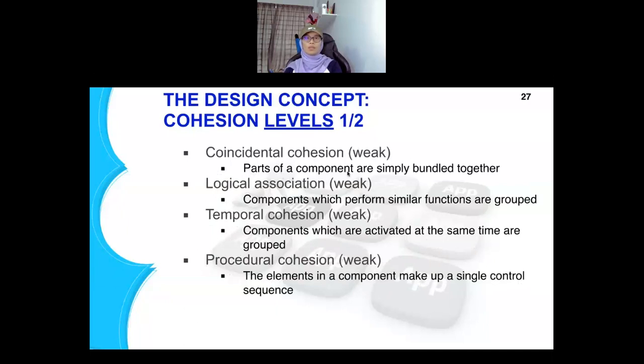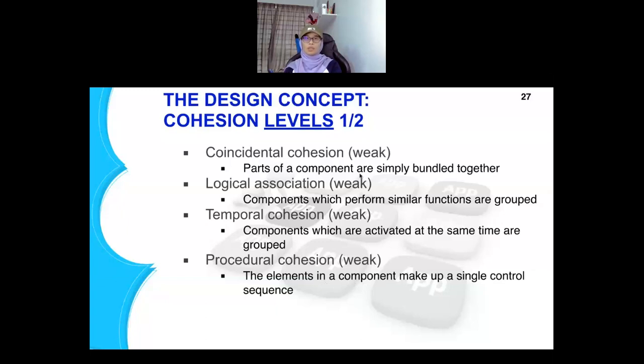We have 4 types of cohesion. Coincidental cohesion: parts of a component are simply bundled together. Logical association: components which perform similar functions are grouped. Temporal: components which are active at the same time are grouped. Procedural cohesion: the elements in the component make up a single control sequence.